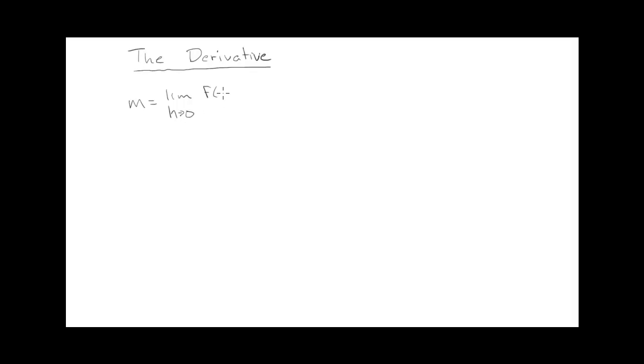So let's say I was to write this. The limit m equals the limit as h goes to 0 of f at a plus h minus f at a all over h. And I said, what is this? From previous lessons, I probably get one of two answers.